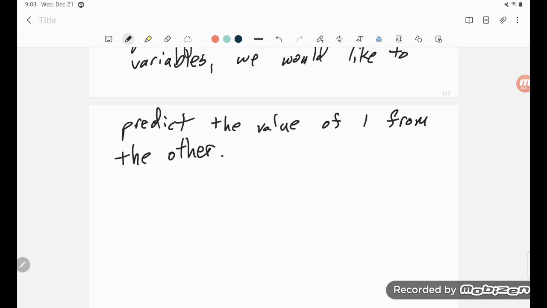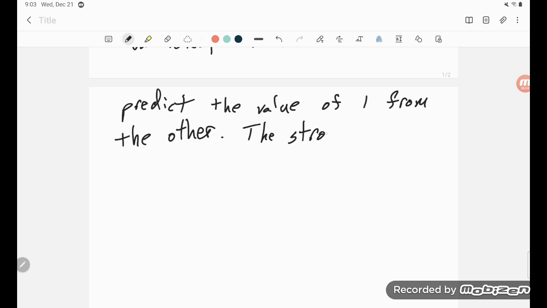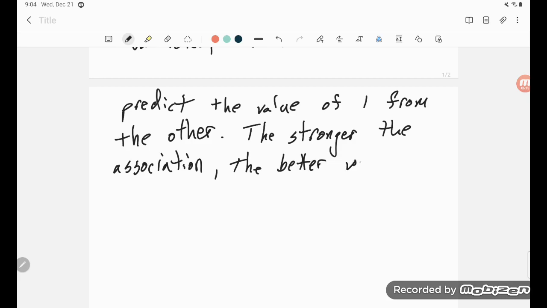Okay, and the stronger the association, the better we can predict.